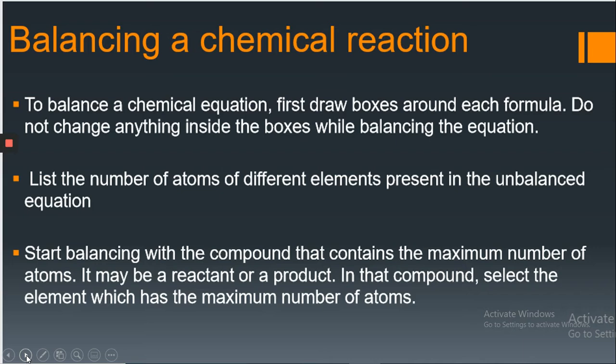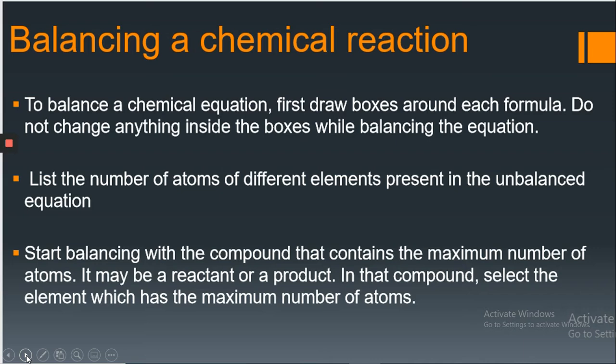Now, how can we balance a chemical reaction? To balance a chemical equation, first draw a box around each formula and do not change anything inside the box while balancing the equation. Next step, list the number of atoms of the different elements present in the unbalanced equation. Now start balancing with the compound that contains the maximum number of atoms.